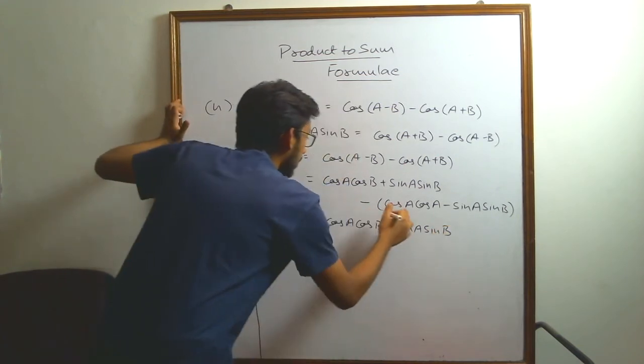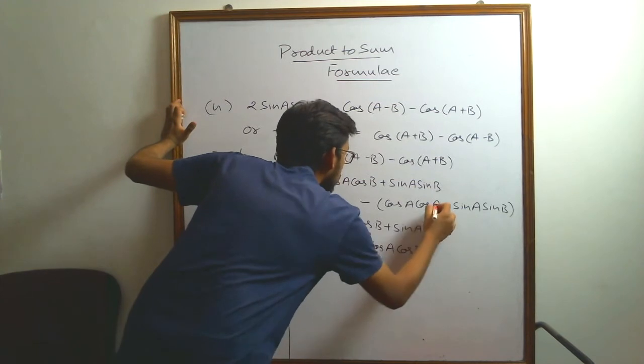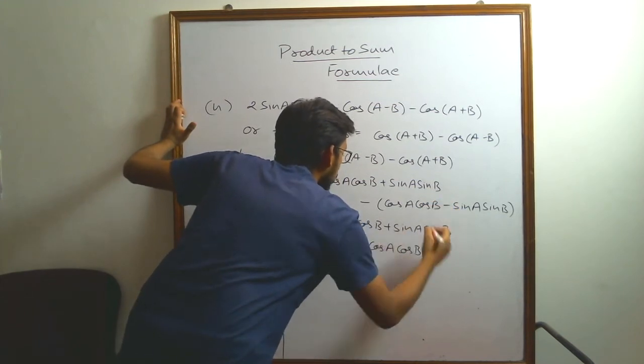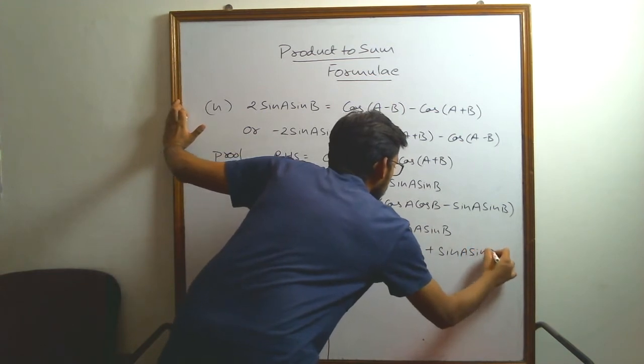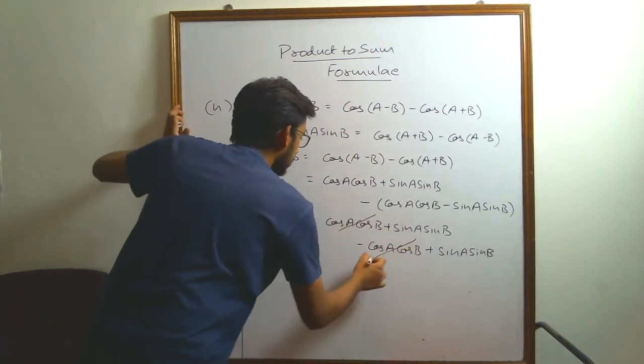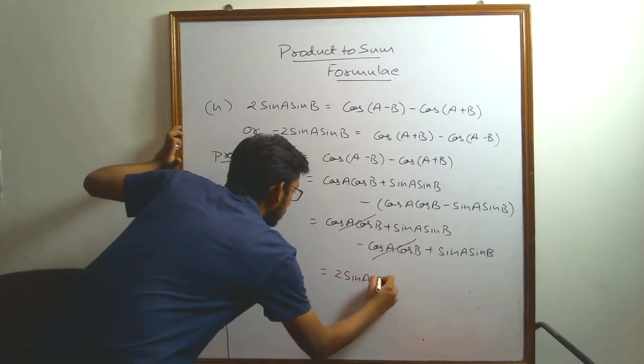Now minus sign here, this means this becomes minus cos A cos B. I'm sorry, this is cos A cos B plus sine A sine B. Cos A cos B gets cancelled, so this is equal to 2 sine A sine B.